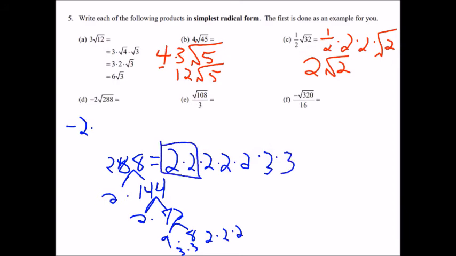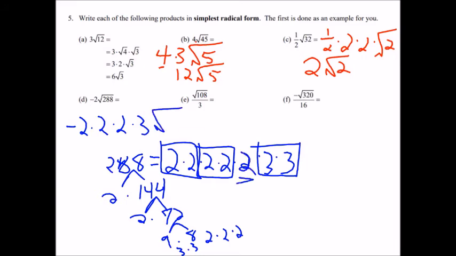So 2 2's can come on the outside and a 3 can come on the outside. So 1, 2 2's and a 3. And then there's this spare 2 here underneath the radical. So negative 2 times 2 times 2, that's 8, times 3 is 24. So my answer to letter D I'll put down here would be negative 24 radical 2.